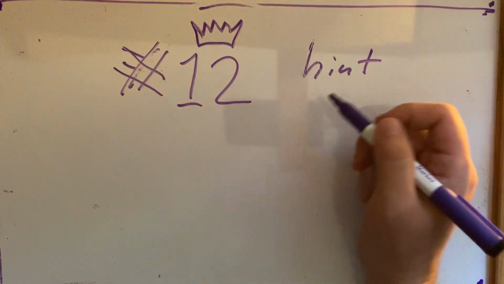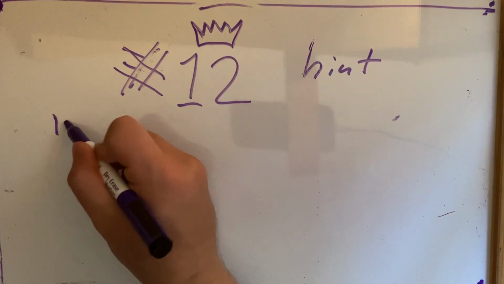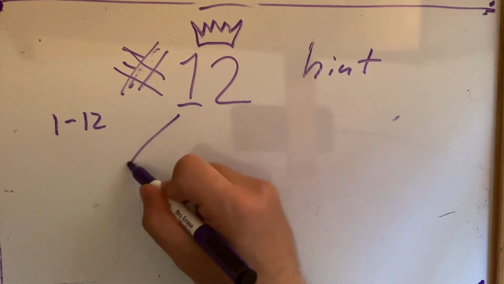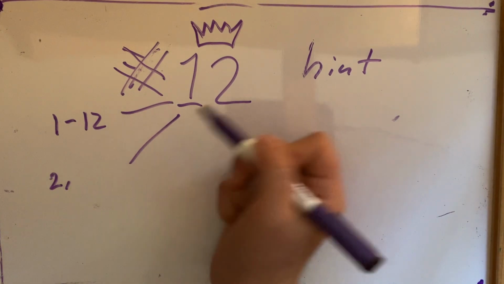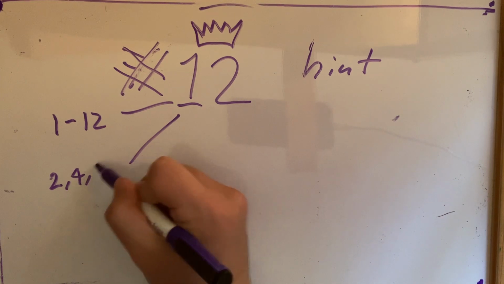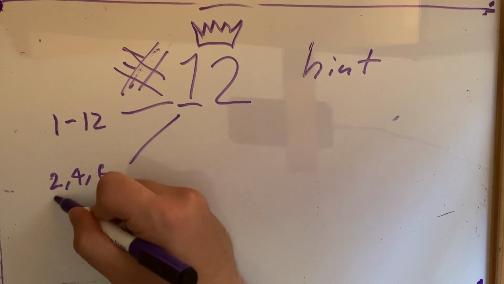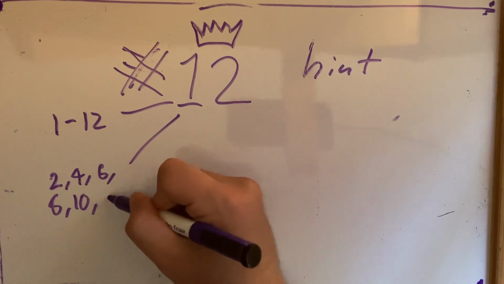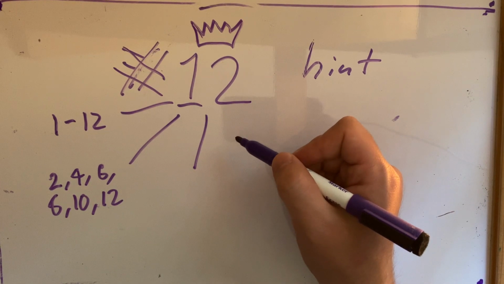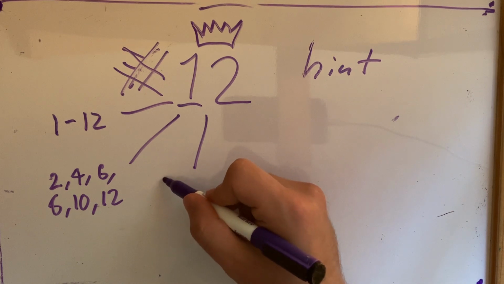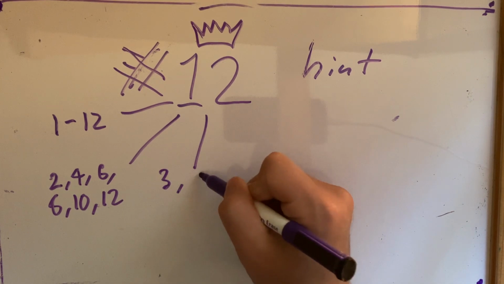So why is 12 king? Well, we can break it down into 1 through 12, right? And then we can break it down into 6. 2 goes into 12 6 times, so 2, 4, 6, 8, 10, and then we get 12. We can break 12 down into quarters: 3, 6, 9, and then 12.